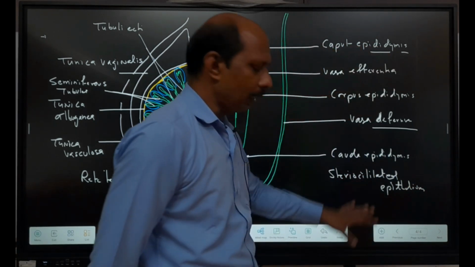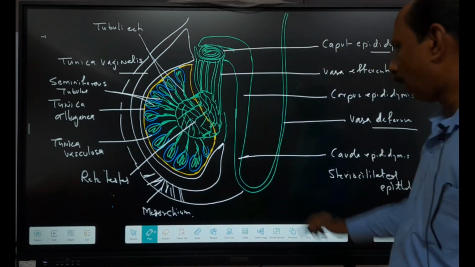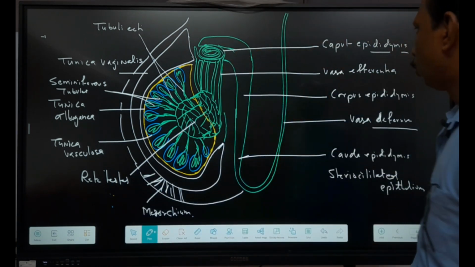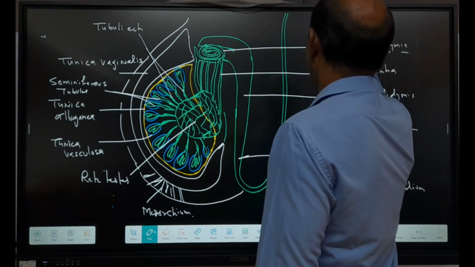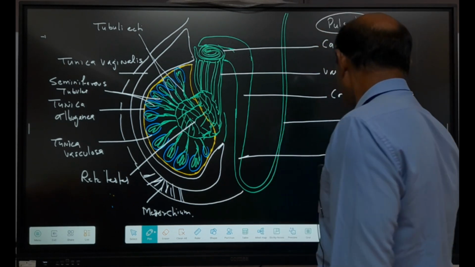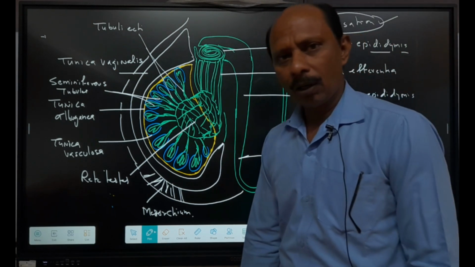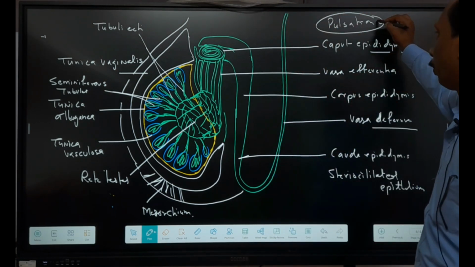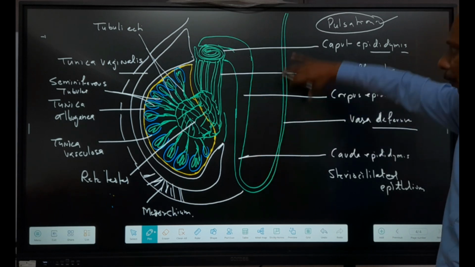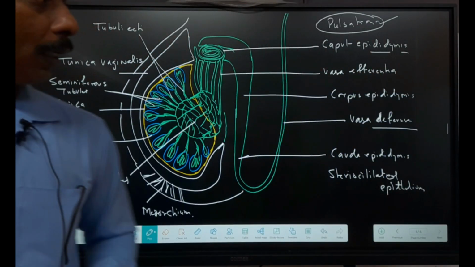This cilia is not involved in the transportation of sperm. Sperms are moved through the vas deferens by pulsation, right? Not by ciliary movement, right? Because they also have a tail, but it is not involved in this. Through pulsation, they move from the caput epididymis to here in our ejaculatory duct, right?